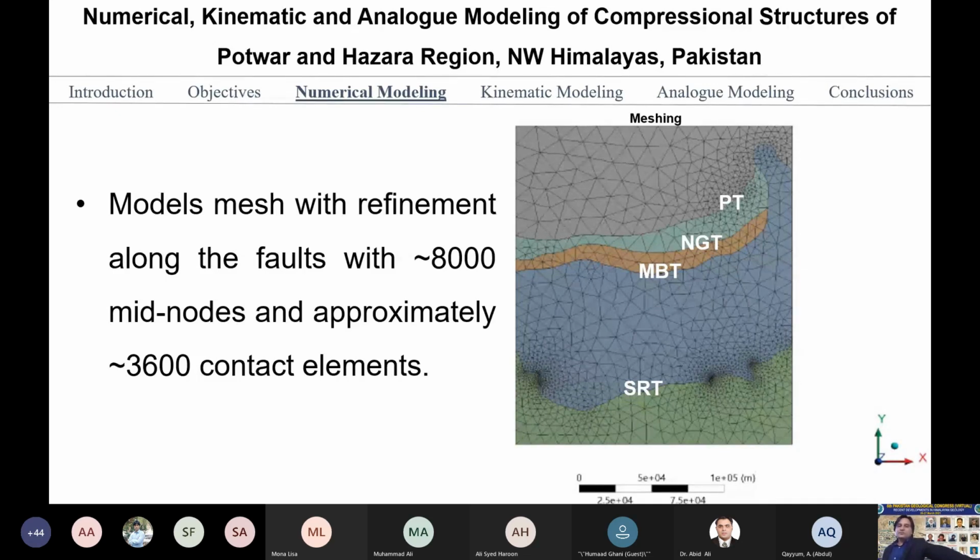As you can see, there is some refinement on the edges of the fault planes. These refinements are because of the rotation and the angle of the fault: when there is a bend, the refinement is on that particular part where the fault is bending, or at the edges.